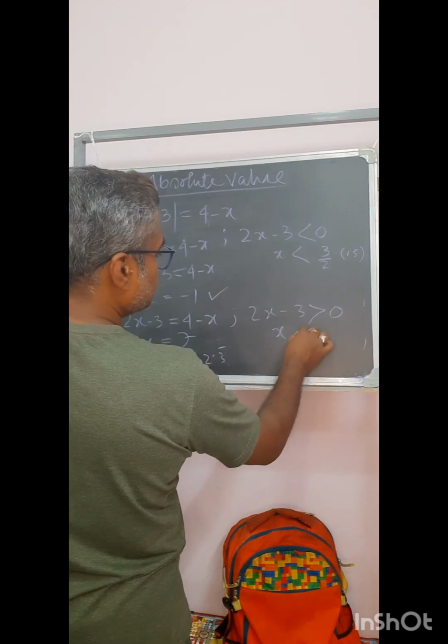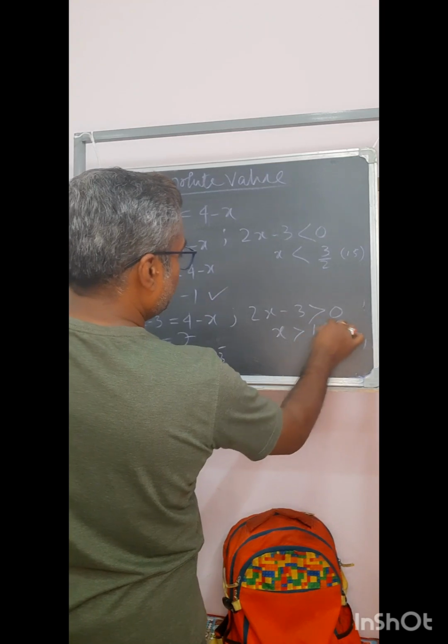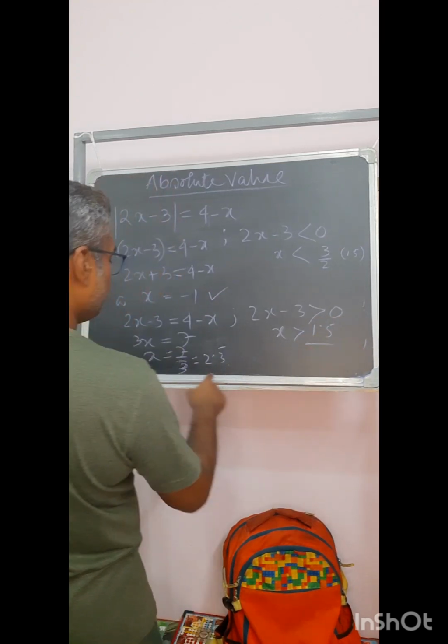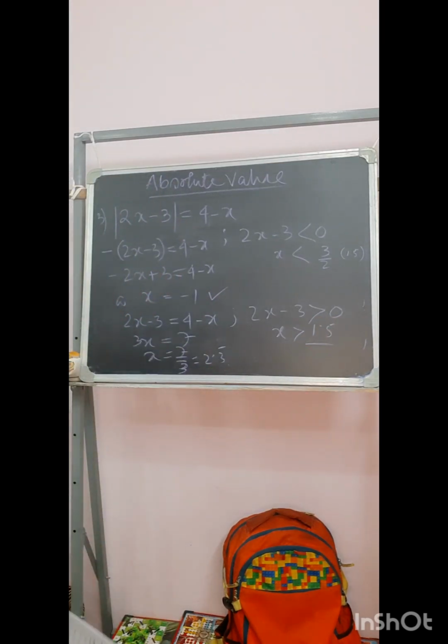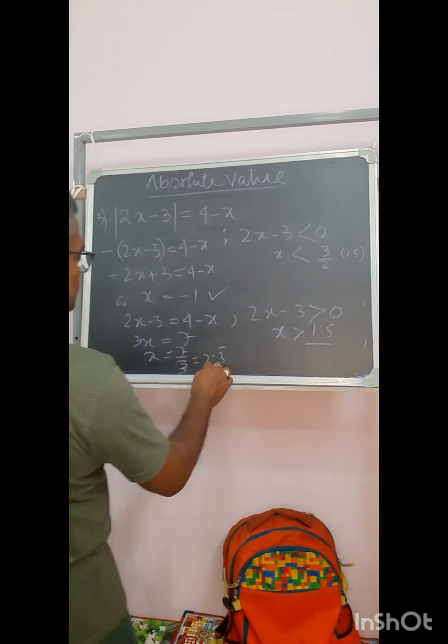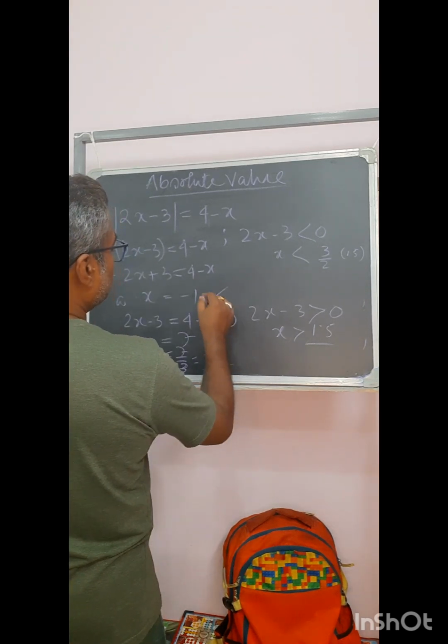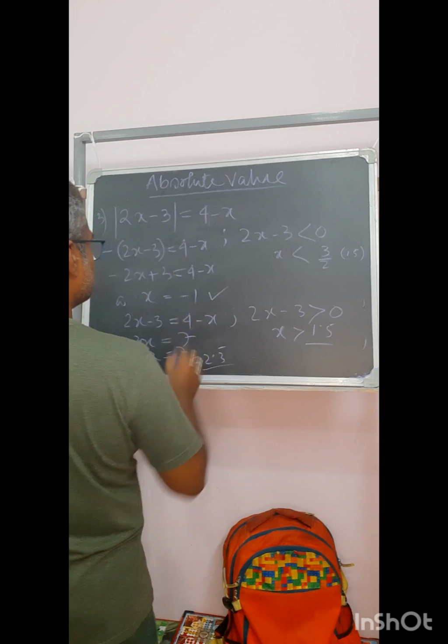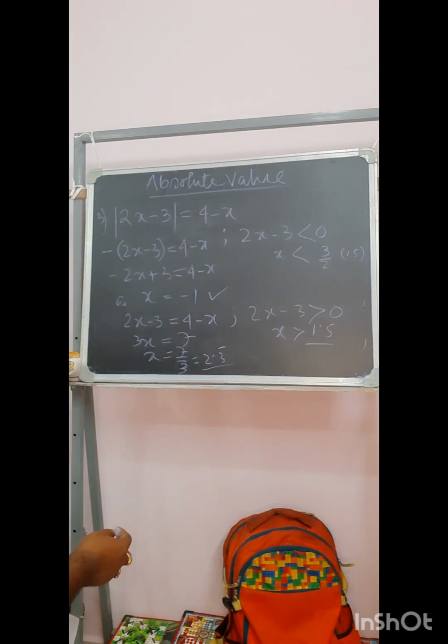Here it is x greater than 1.5, so 2.3 bar is also satisfying. So your answer is 2.33 or minus 1. Both are solutions of this equation. Okay.